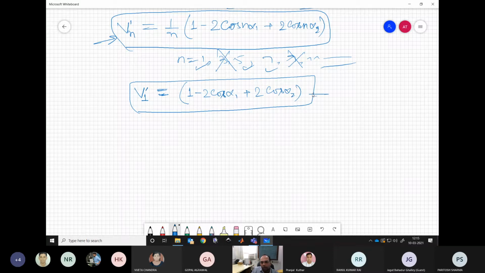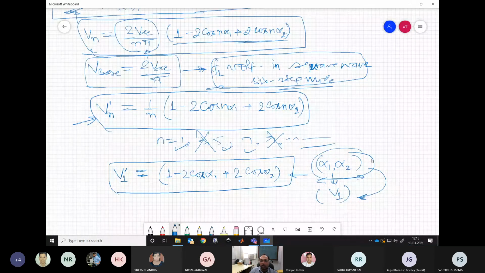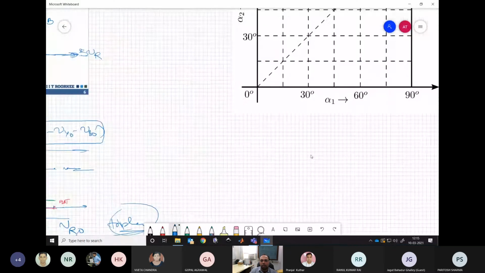So now you can see that for different alpha 1, alpha 2, you can generate different V1. And sometimes it may happen that for different alpha 1, alpha 2, you may end up generating the same V1. So if we try to plot this in an alpha 1, alpha 2 switching angle plane, let's say I have a graph something like this.